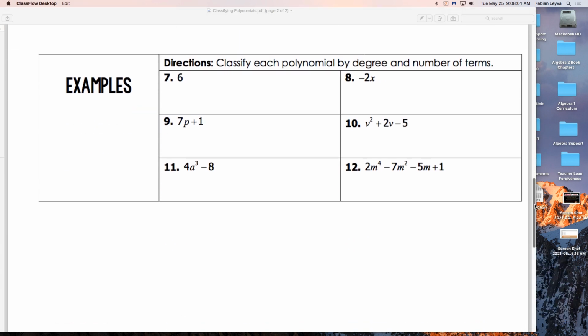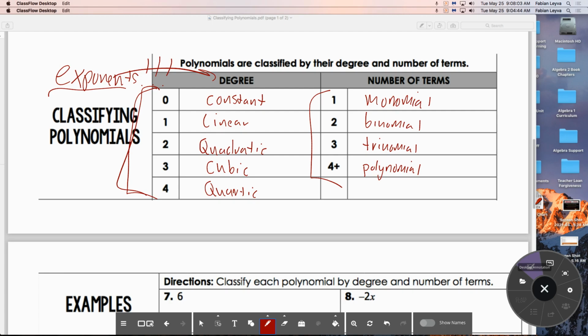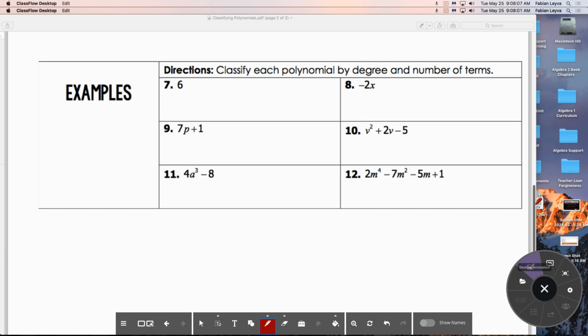So notice I gave you 12 problems, and I'm asking you to name them by their degree and their number of terms. Now, this is what I like to do. The first thing I like to do is the degree. Now, if I notice here, I don't even have a variable. So what is the exponent when you don't even have a variable? Would it be 1 or 0? It'd be 0, absolutely right.